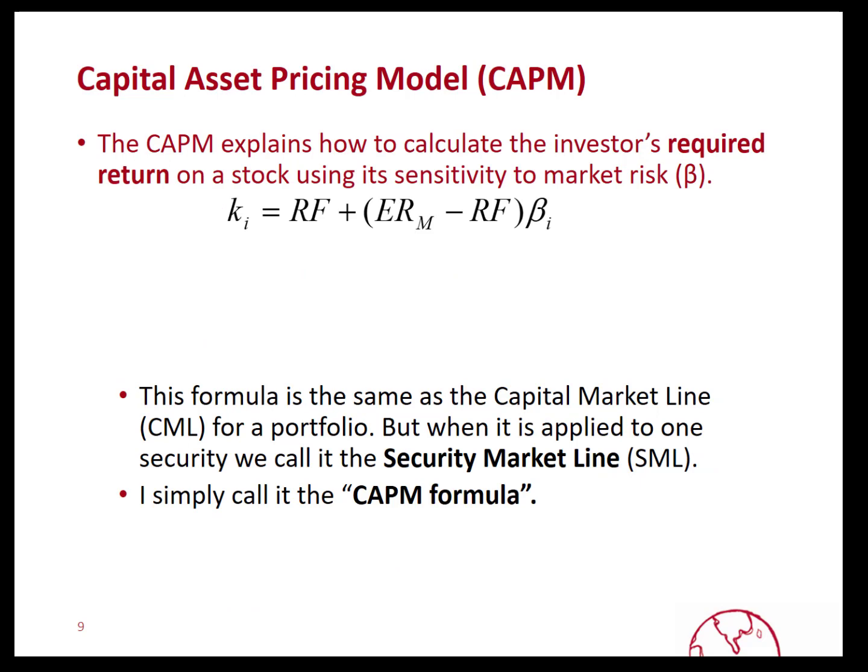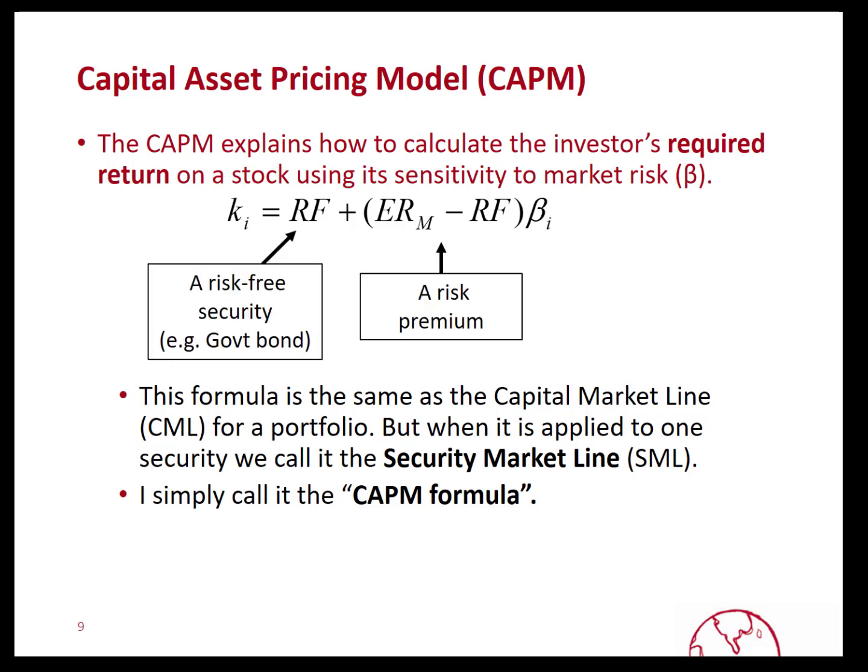So based on that, Sharpe came up with this formula here that you see, which is called the capital asset pricing model. And it basically says that the required return K for a stock is going to be a function of its sensitivity to market risk, which is going to be measured by this symbol B for beta. Okay, and you can see that the formula has a risk-free rate as the benchmark.